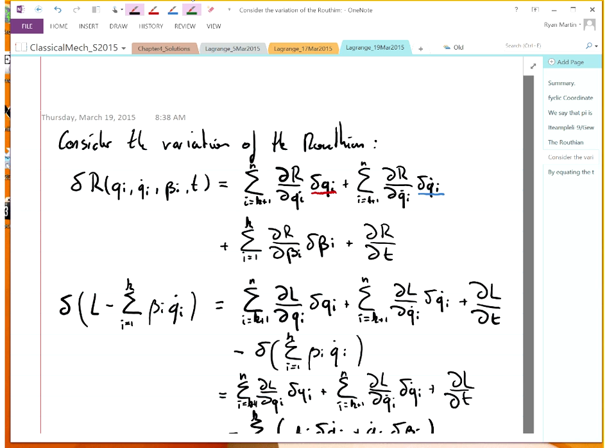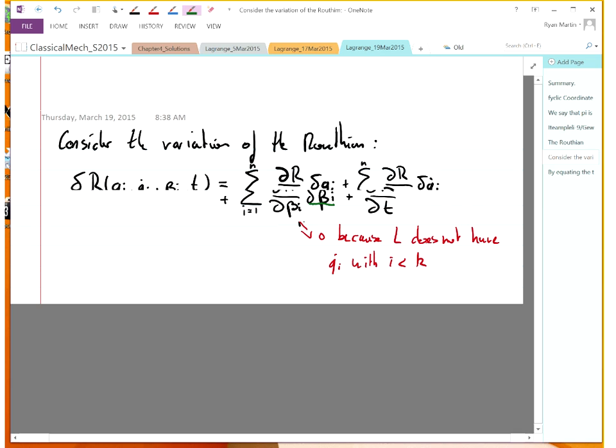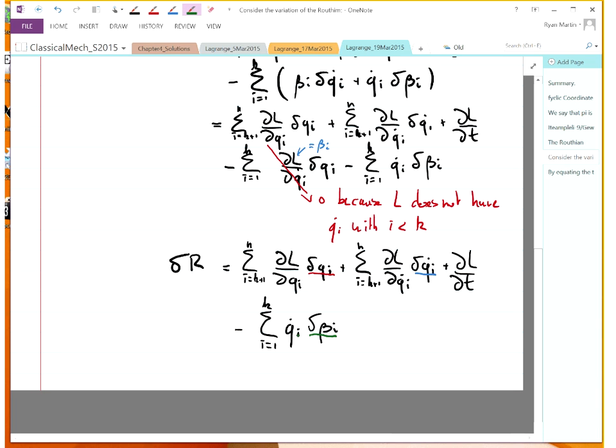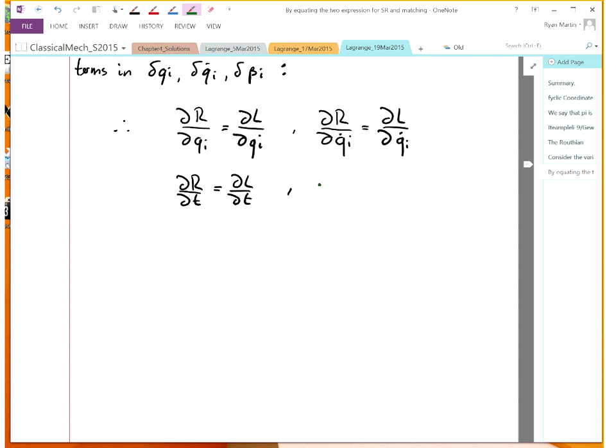And then the fourth relation that I have is by matching the terms in delta beta i. So here I have ∂R/∂beta i, and down here I have minus qi dot delta beta i. So I said ∂R/∂beta i equals minus qi dot.